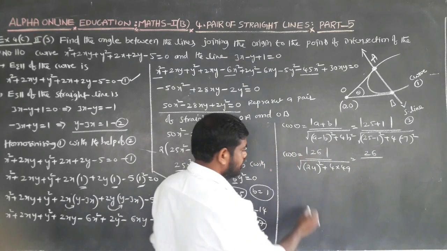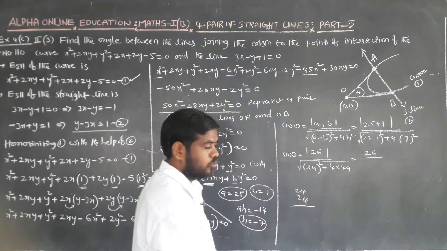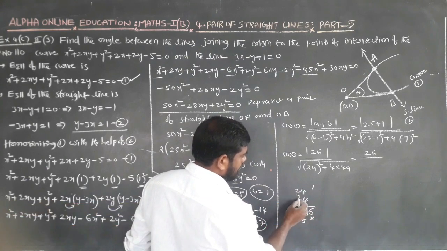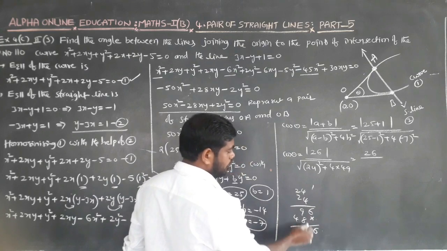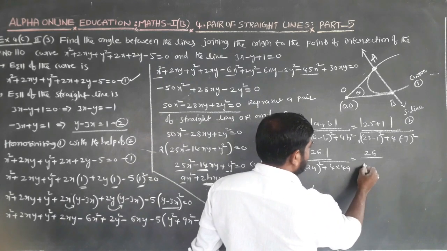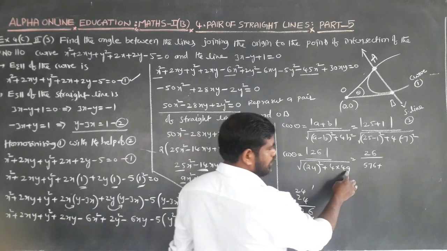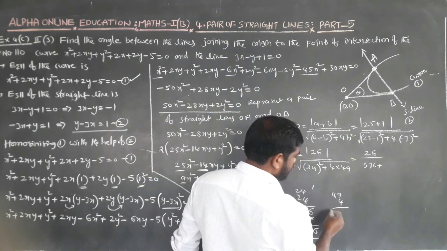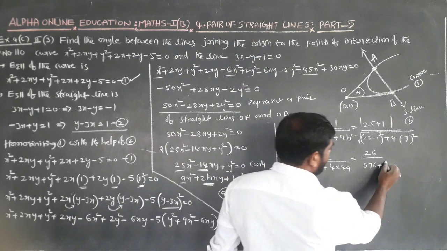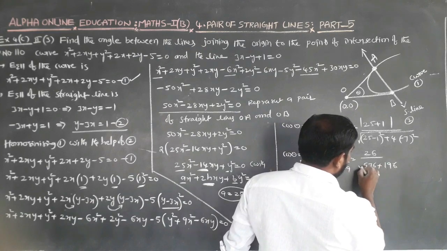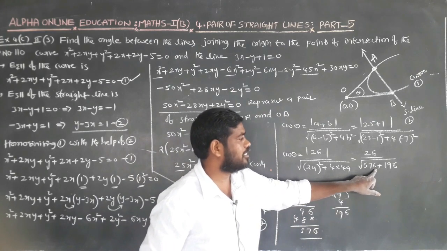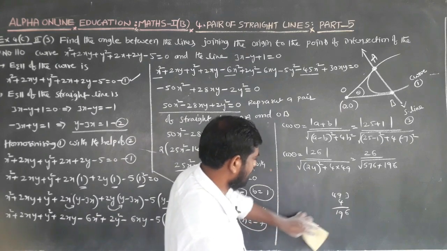24 whole square is 576, and 4 times 49 is 196. So cos theta is equal to 26 by root of 576 plus 196.